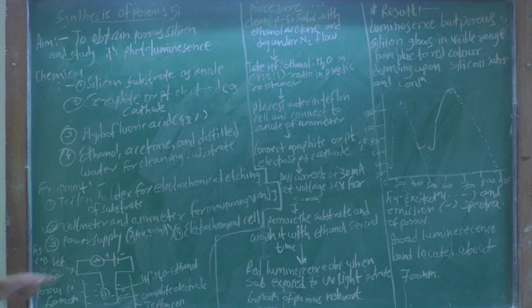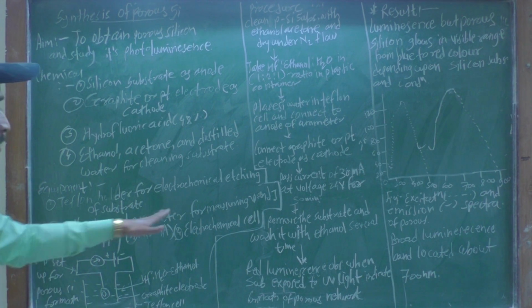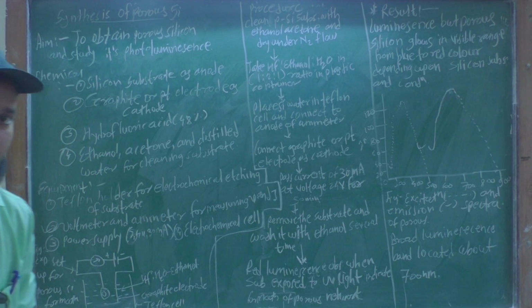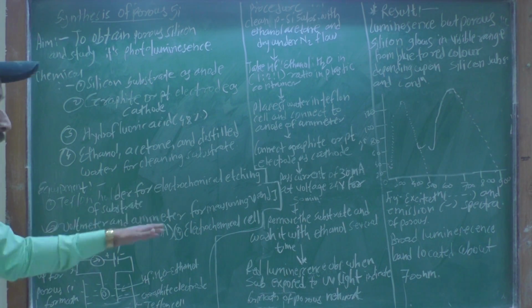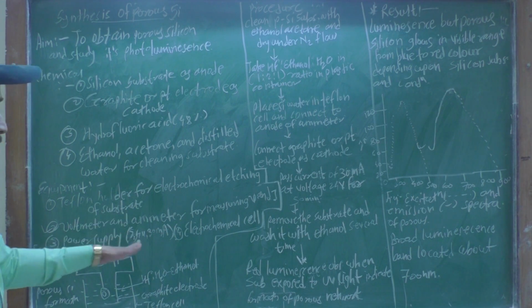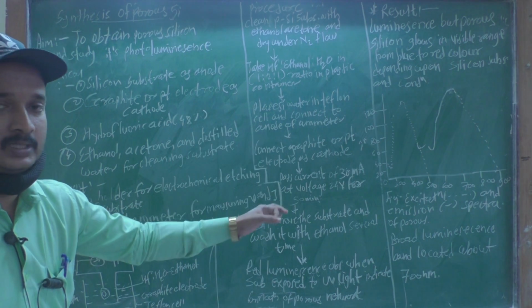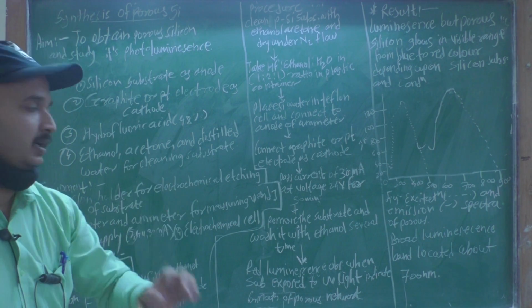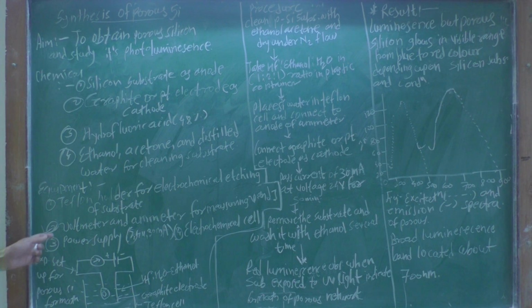Then secondly, the voltmeter and ammeter for measuring the voltage and current. The voltmeter measures the volts, and the ammeter measures the current. This is the second equipment.